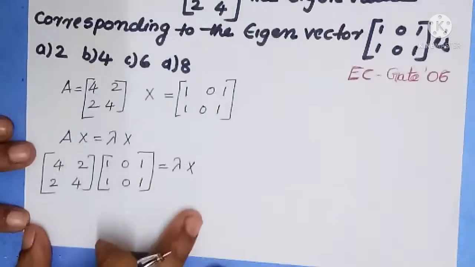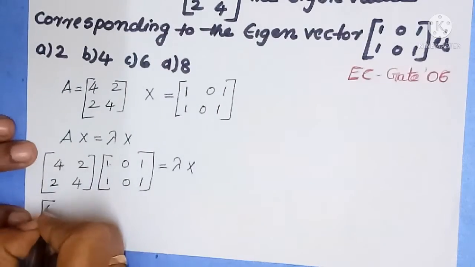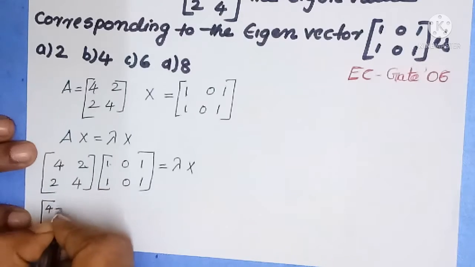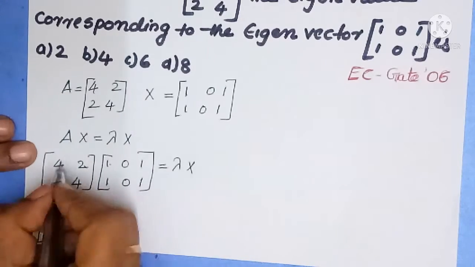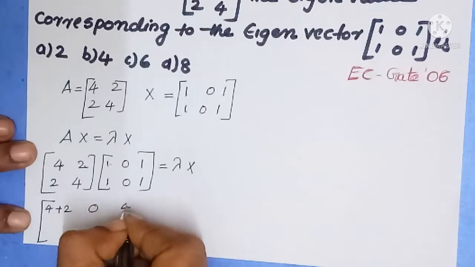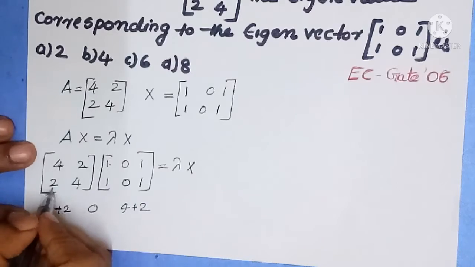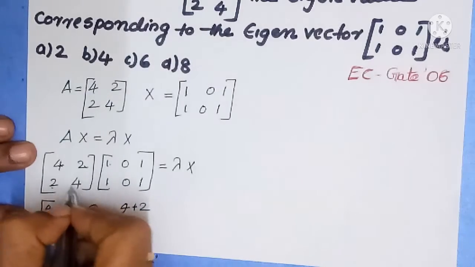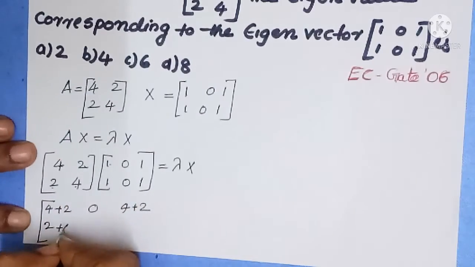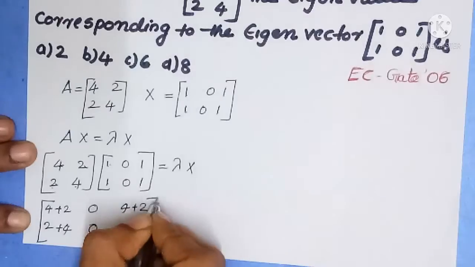We can multiply. 4 into 1 becomes 4, 2 into 1 becomes 2. This element becomes 0. Then 4 into 1 becomes 4, 2 into 1 becomes 2. Next 2 into 1 becomes 2, then 4 into 1 becomes 4. This element becomes 0. Then 2 into 1 becomes 2, then 4.